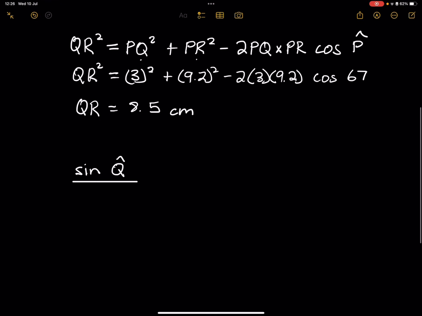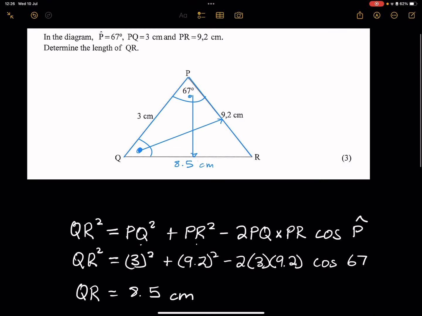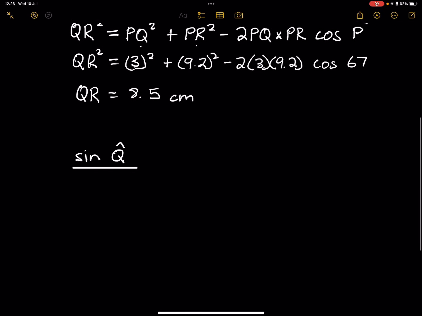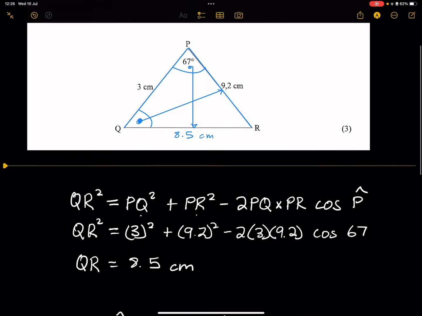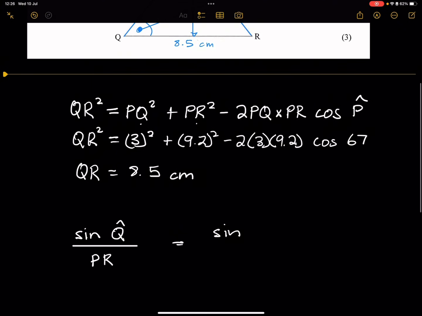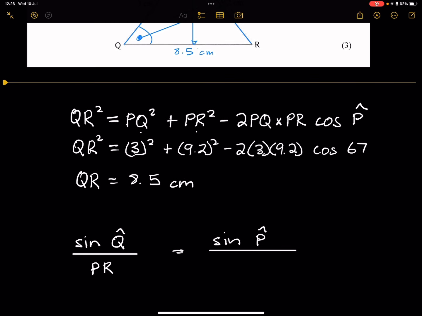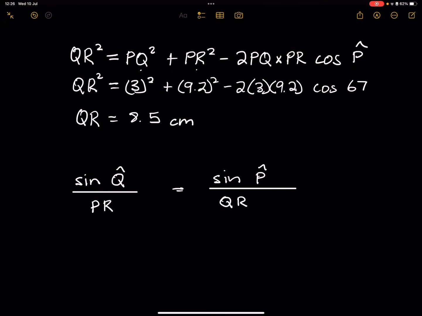So sine of Q divided by side PR is equal to the sine of our known angle, angle P, divided by the side opposite to P, which is QR. Now we can substitute, or we can work out the subject of the formula.